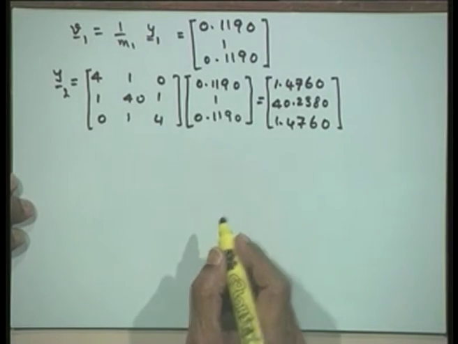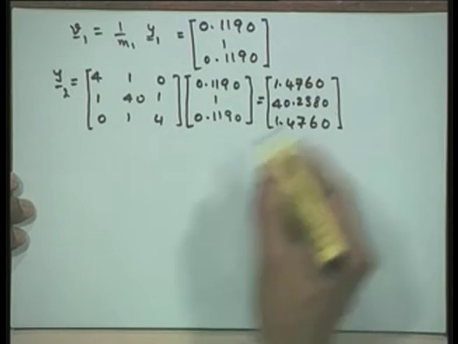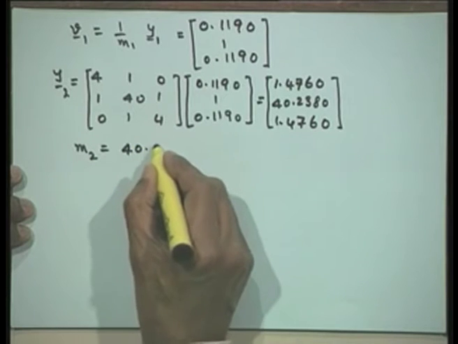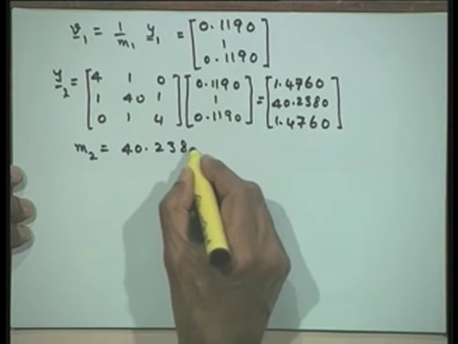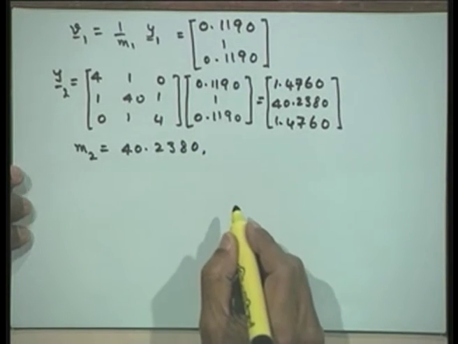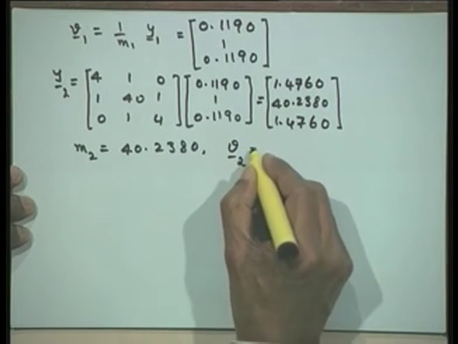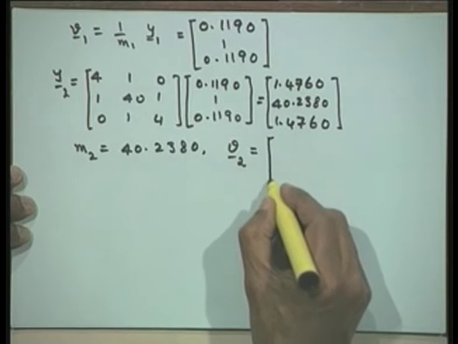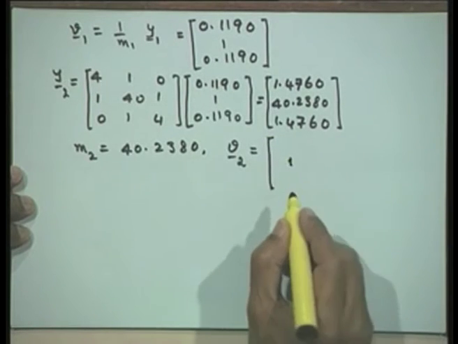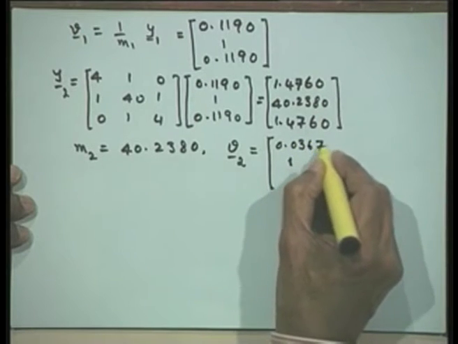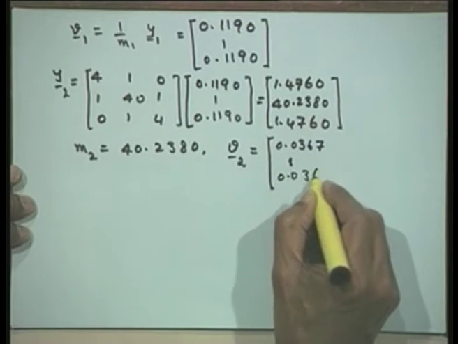Now, we find the largest element in magnitude here, that is m 2, equal to 40.238, and hence our V 2 is obtained by dividing this by 40.238. So, we will have here 0.0367, 1, 0.0367.